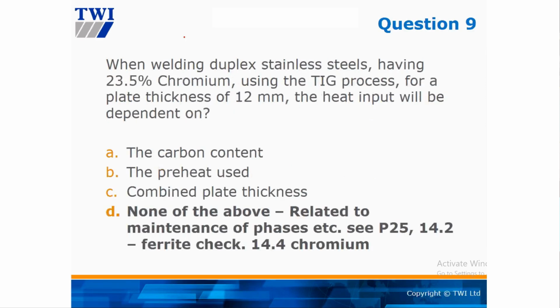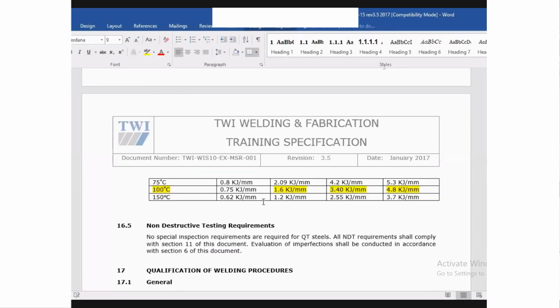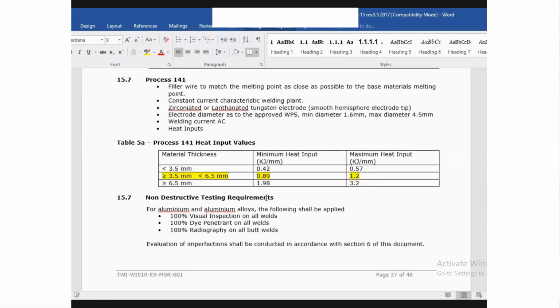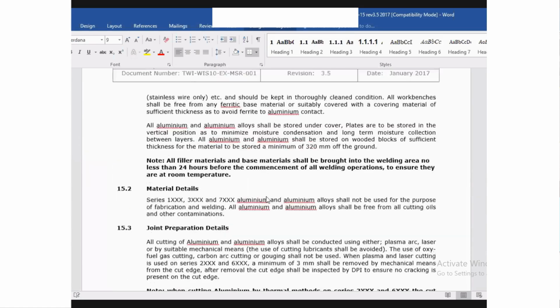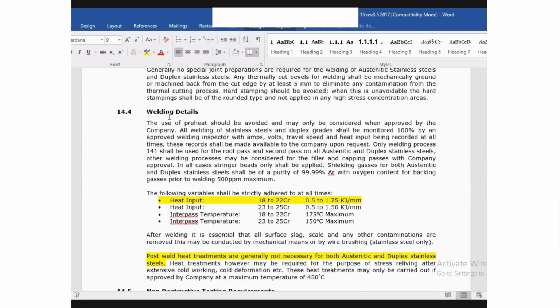Question 9. When welding duplex stainless steel, having 23.5 chromium using TIG process for plate 12 mm, the heat input will be dependent on, all right, look at 14.4. In 14.4 here, we can see that different chromium content will give different heat input value.